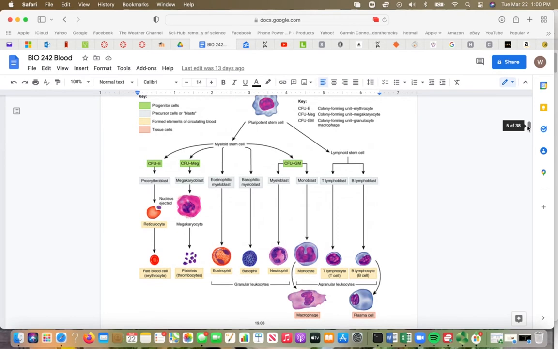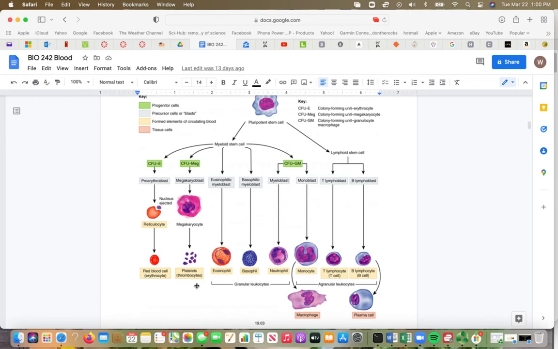So this picture here shows where these are derived from. You start with this pluripotent stem cell, and it's got two choices. It can become a lymphoid or a myeloid stem cell. If it becomes a lymphoid stem cell, those will lead to producing your B and T lymphocytes. The myeloid stem cells, those will lead to producing your red blood cells.